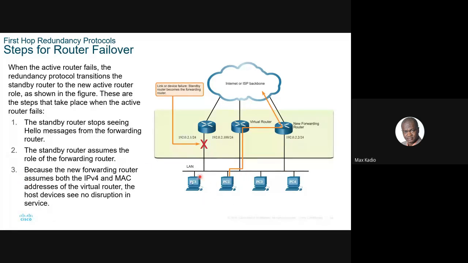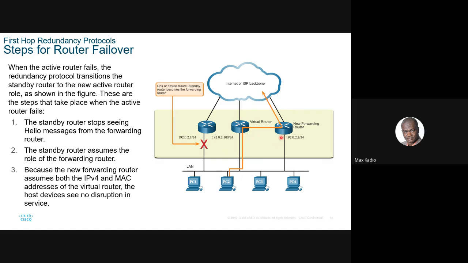So here, for example, you have a lot of PCs in your company, and they need to go to the internet via your ISP. If you have only one router and the link fails, you can no longer go to the internet. So you need a backup, let's say two routers. In case one fails, the other will take over.